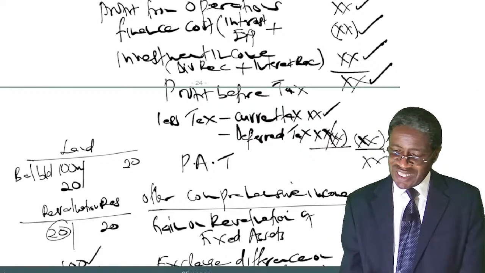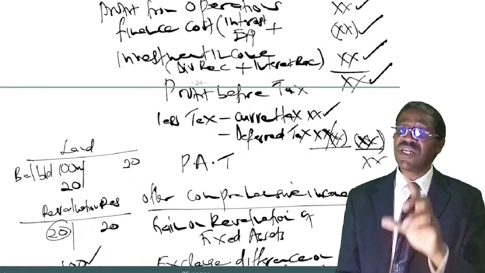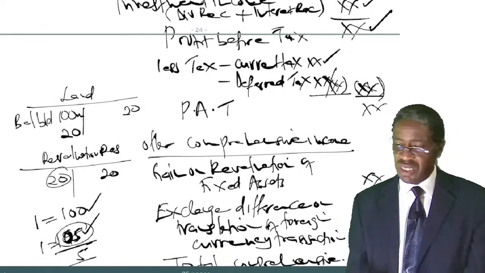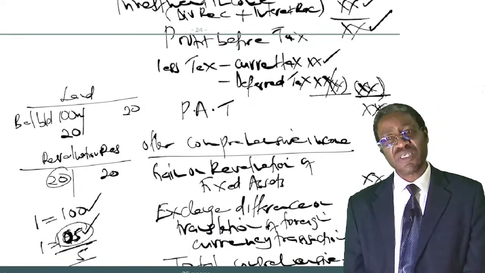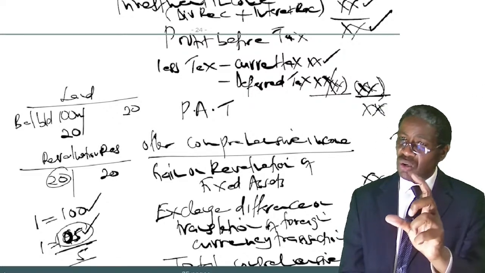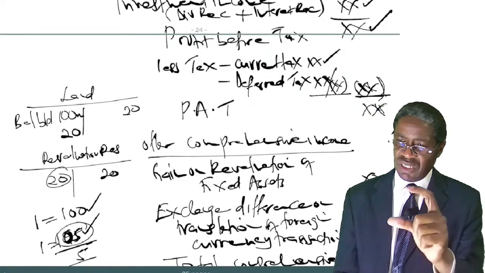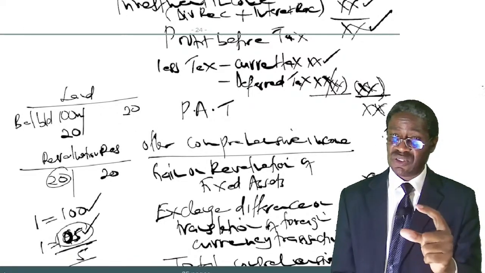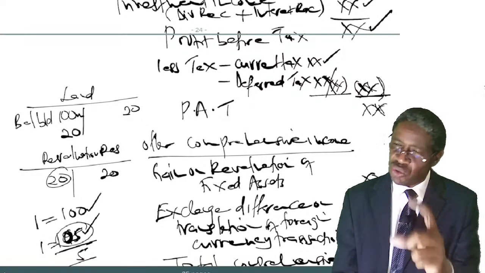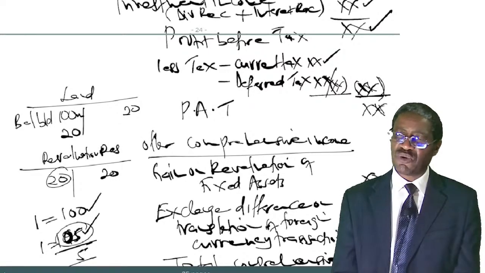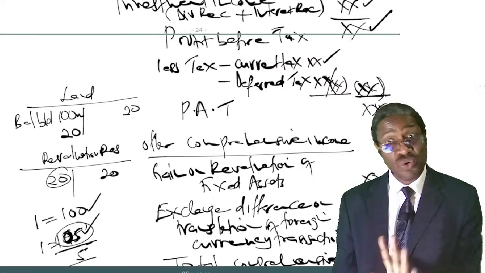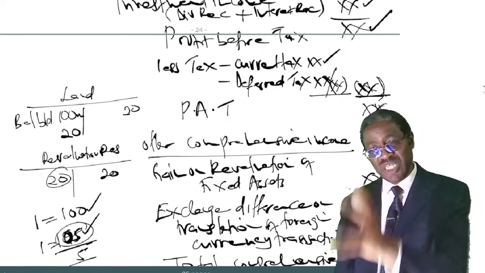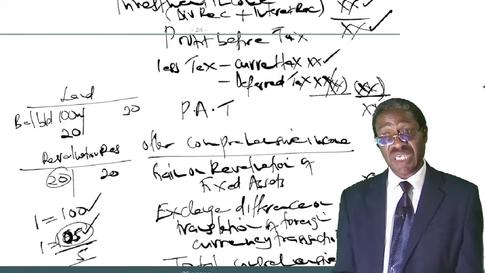Get the net of those two, and that becomes your tax expense. Then you minus it from the profit before tax, and you get your profit after tax. Once you get the profit after tax, you are through with the income statement for publication purposes. Do not show the appropriations of that profit in this income statement. Those appropriations should be done in the statement of changes in equity, as we shall see later.